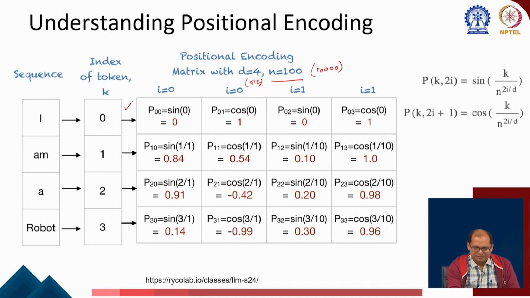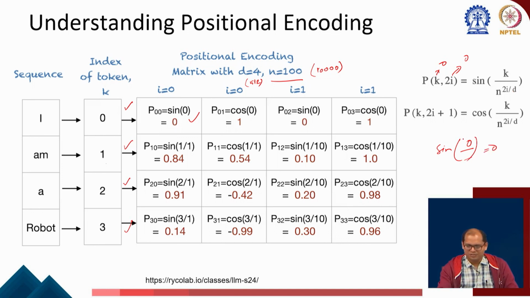So let's say for 4 positions: the 0th position, first position, second position, third position. At the 0th position, I have to fix these 4 dimensions. So how will I fix the 0th dimension? I will take k equal to 0, and this is even, so I will take the sine function: sine of 0 by something, n to the power 0 will be 1.